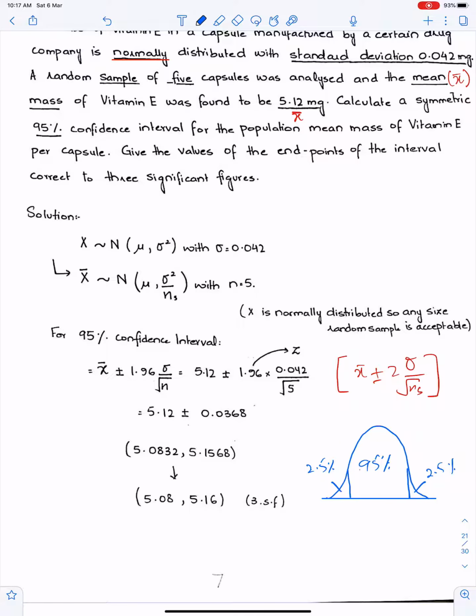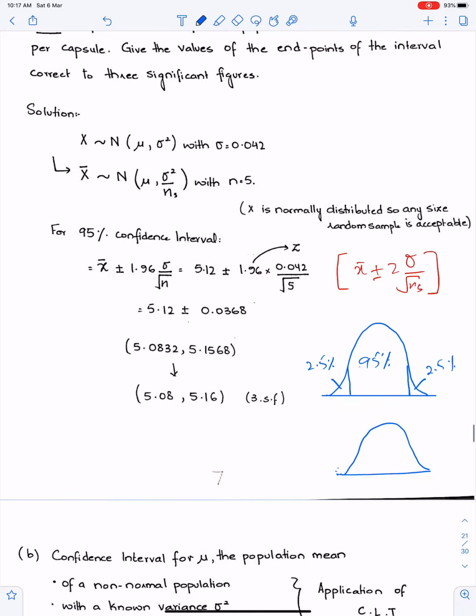Therefore, this total area will be 97.5%. And you can get the corresponding value for this area either through your calculator or from the table. This value is 1.96.